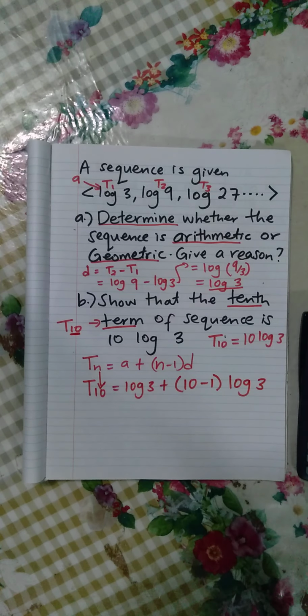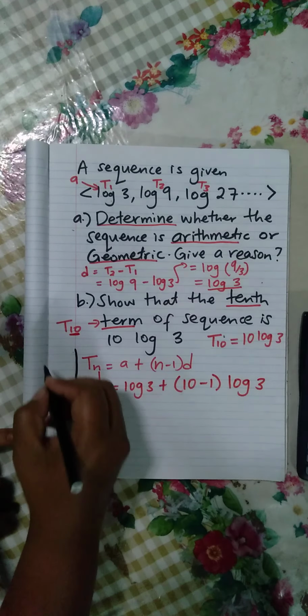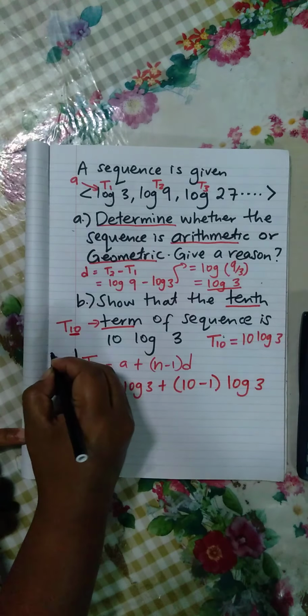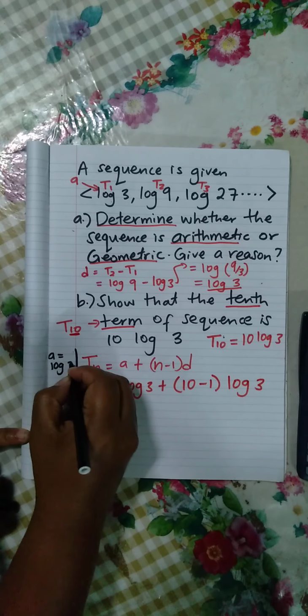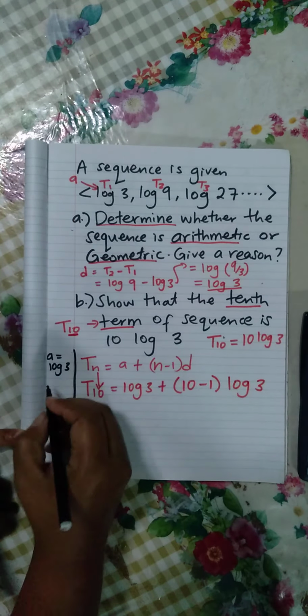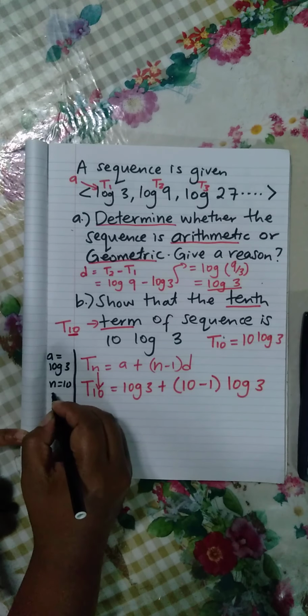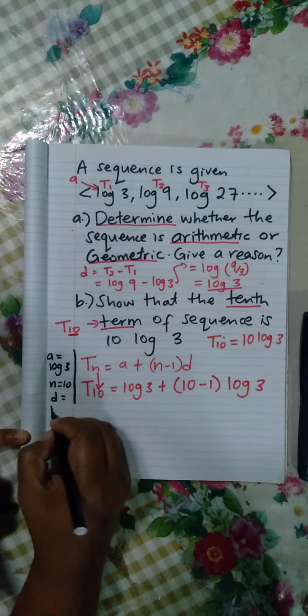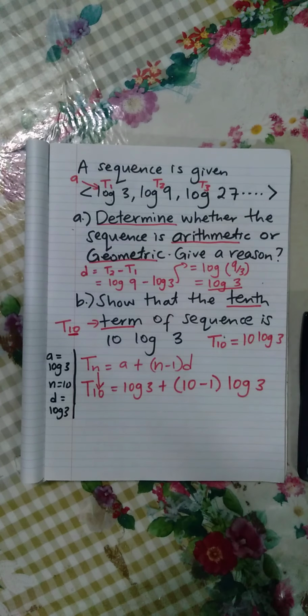I will list the information on this side so it's easy for you. A is log 3, the first term. n is 10, and our common difference is also log 3. Note our a and d are both log 3.